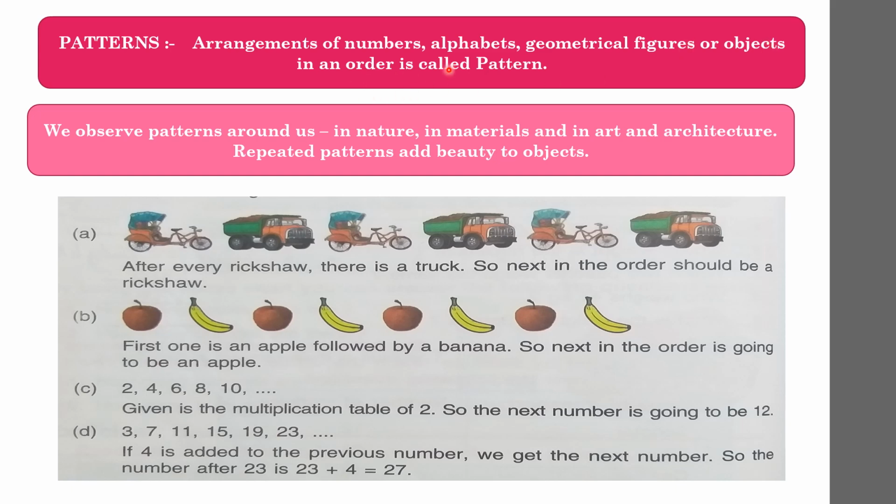Once again, arrangement of numbers, alphabets, geometrical figures or objects in an order is called pattern. When we arrange the numbers, alphabets or geometrical figures or objects in an order, that is called a pattern.